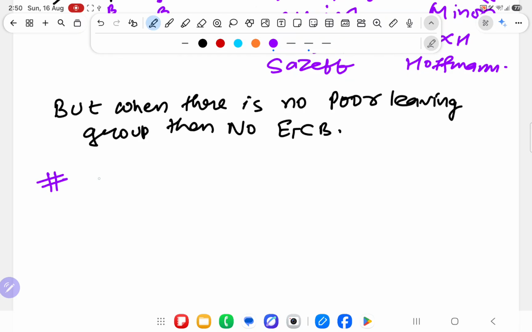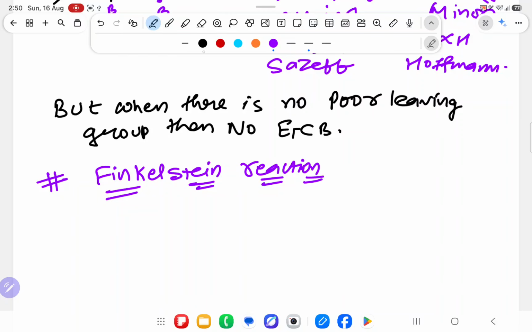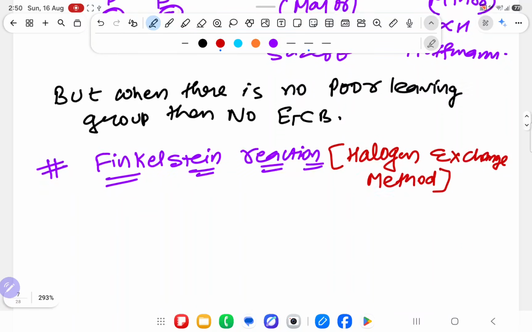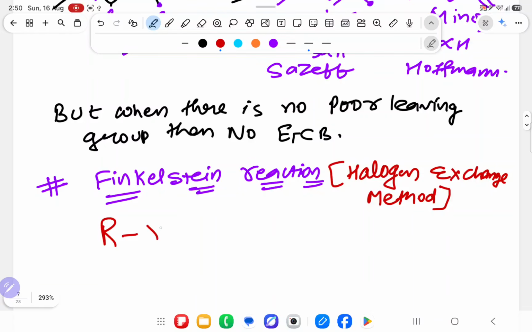Now, after this, I have already dictated it, but still I am going to dictate. I have dictated the Finkelstein reaction. I have told you that the Finkelstein reaction is also known as the halogen exchange method. What do I do in that? First I take some RX, where X is Cl or Br.